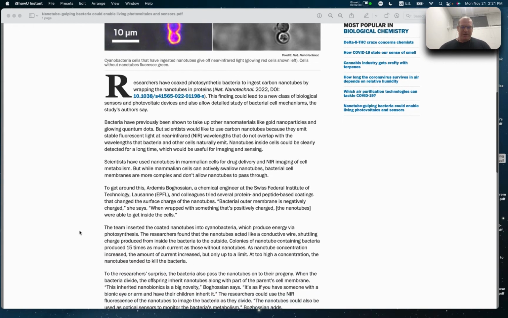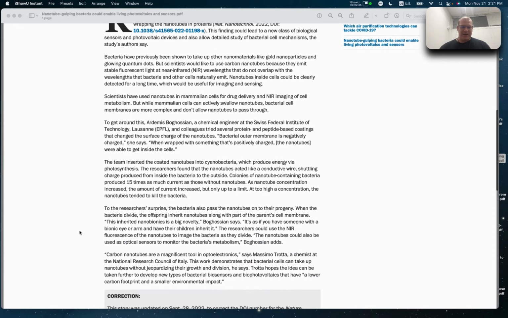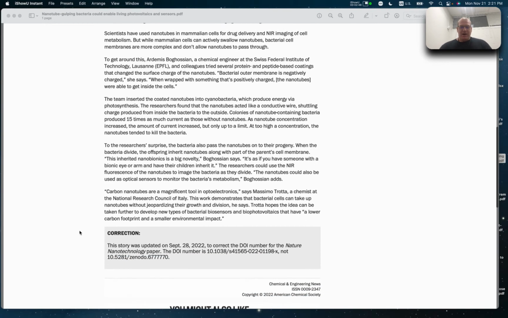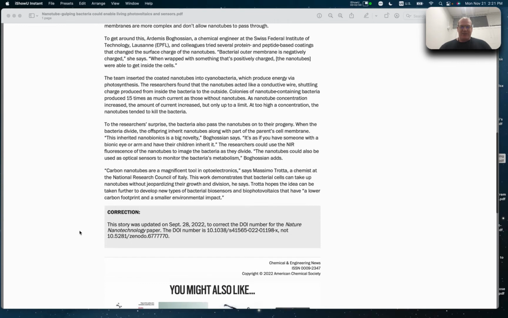So what they're doing here is looking at these nanotubes, and then we can use them for spectroscopy. Spectroscopy is the interaction of light and matter, and then detecting the light coming off from that.